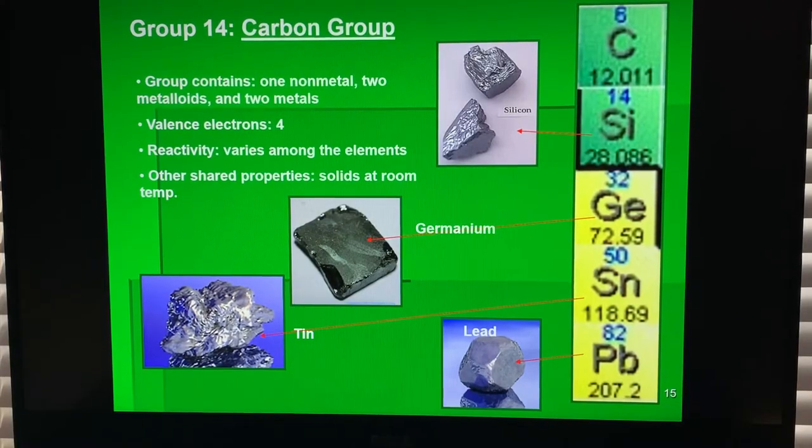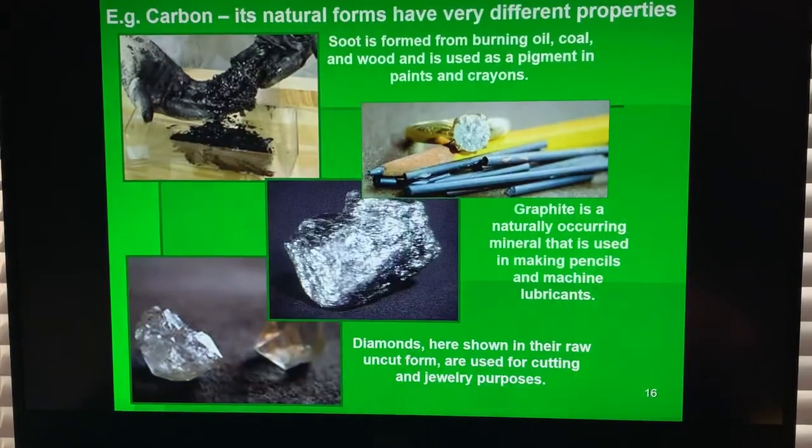So remember that columns are called families because just like a human family, they have similar traits. But as you go through generations, grandparents, great-grandparents, parents, children, and then grandchildren, the traits are similar but not exact, right? So it's the same thing here, and that's why they're called families.